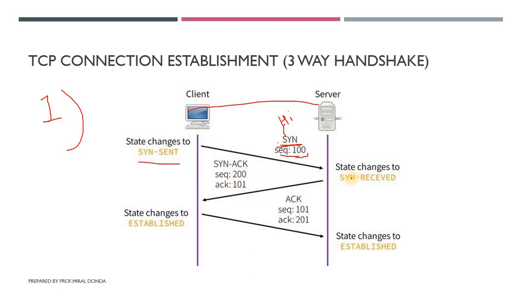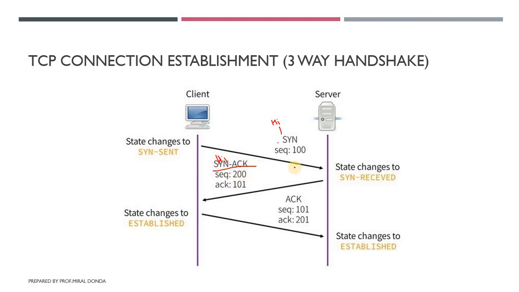The server sends an acknowledgement to the client. Here is the SYN acknowledgement, where the server sends the acknowledgement of that message. The message was hi, and the server said that yes, I received this message hi with the help of this acknowledgement.